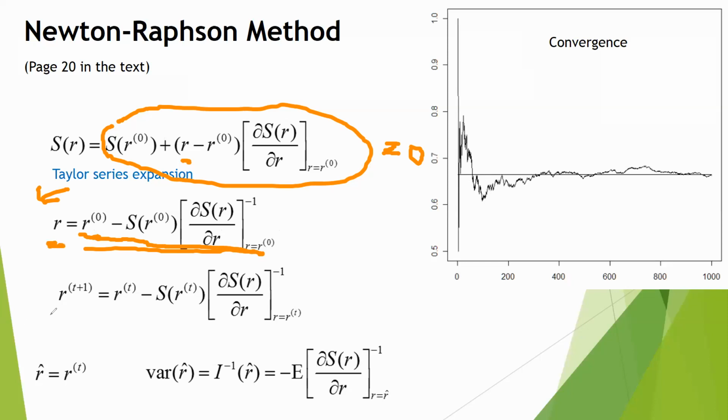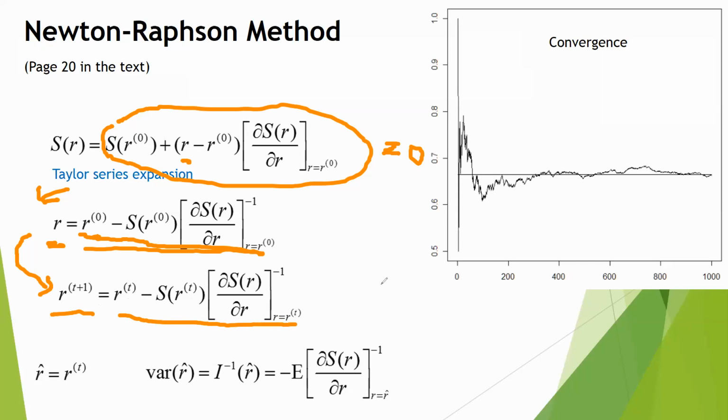So it's iterative, right? And if you rewrite this a little bit, you get this. At time t plus 1, how do we calculate the R value? The R value at time t plus 1 equals this formula using the value of R at time t.